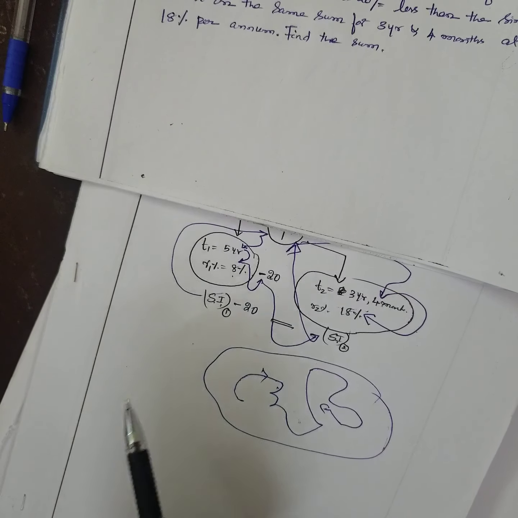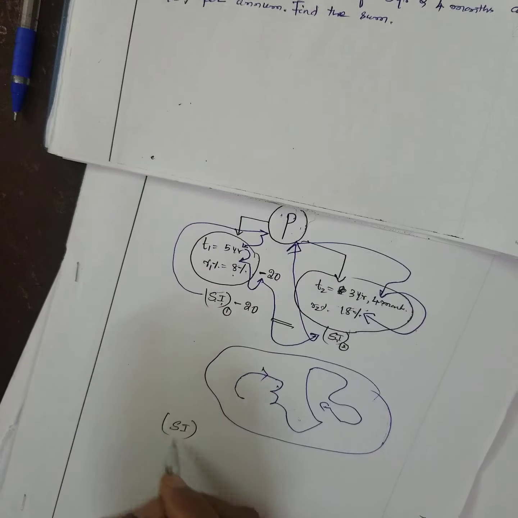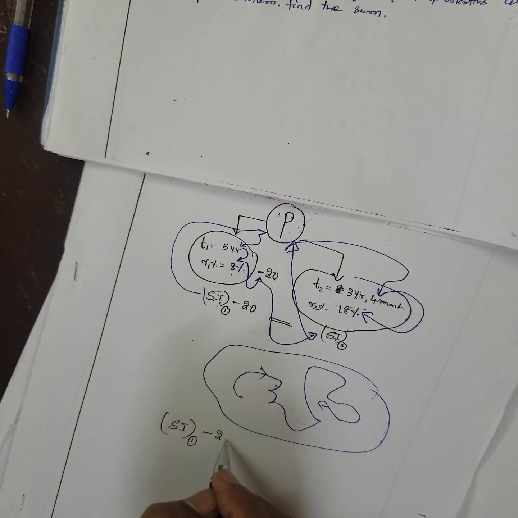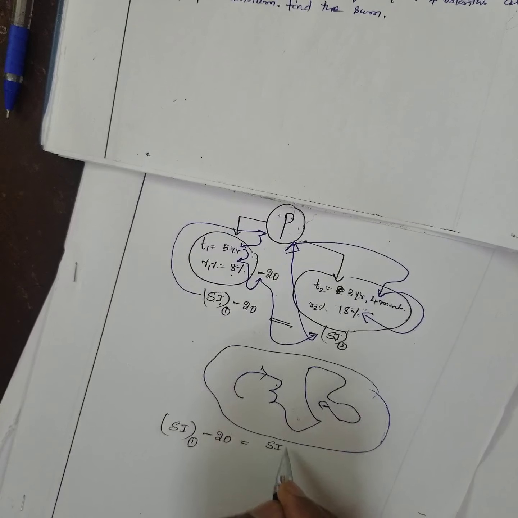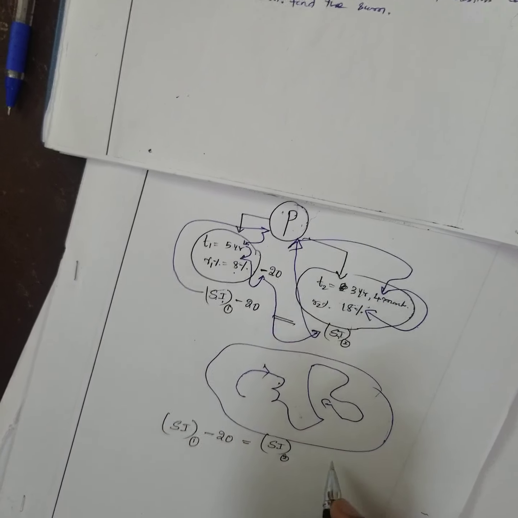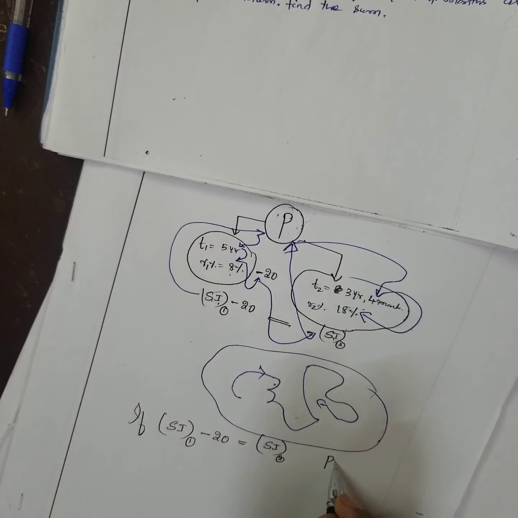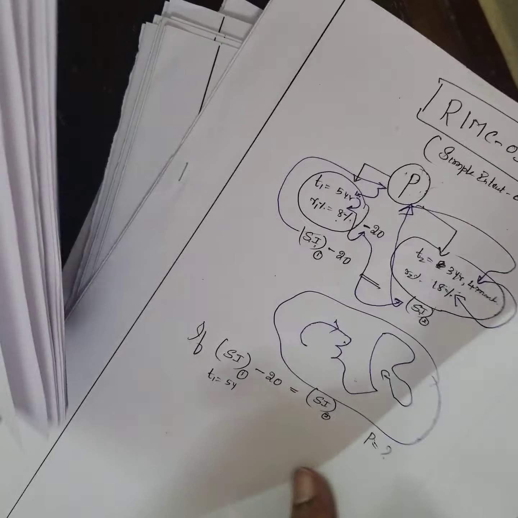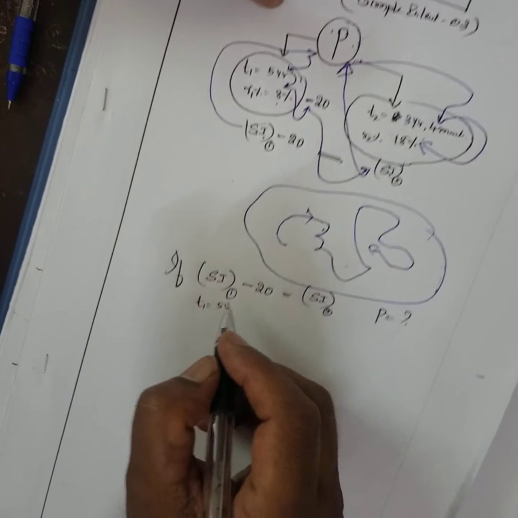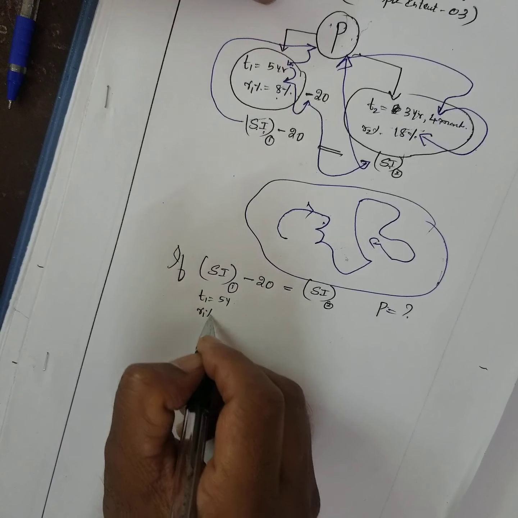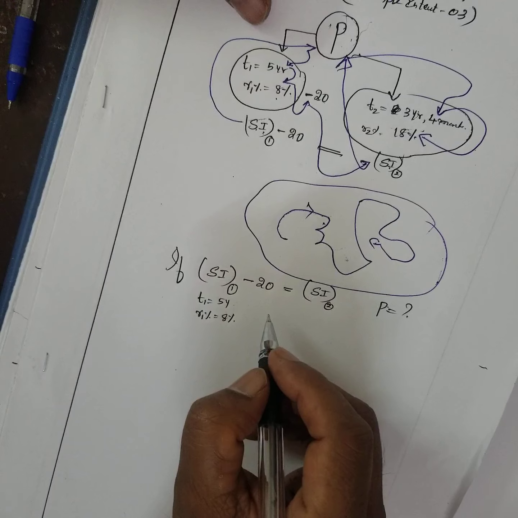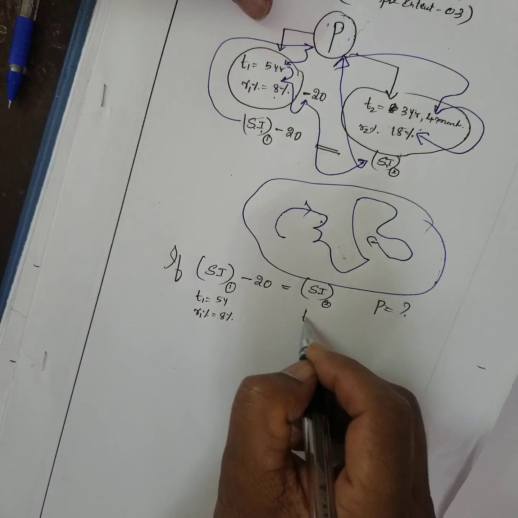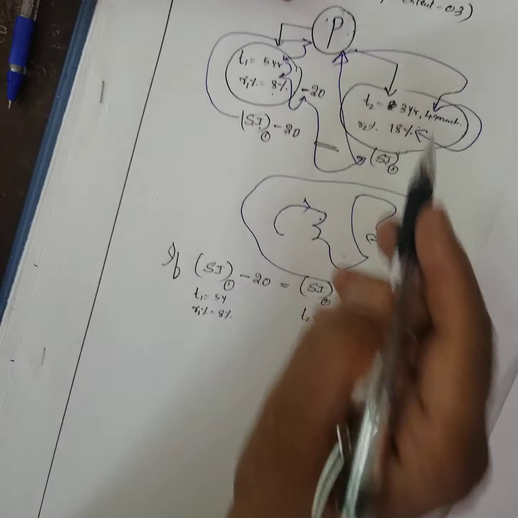Therefore, what is the statement? The simple interest for the first case is less by 20 rupees than the simple interest of the second case, and find out P. Here T1 is 5 years, R1 percentage is 8%, and here T2 is 3 years and 4 months.